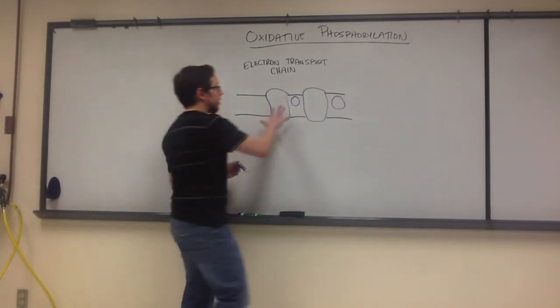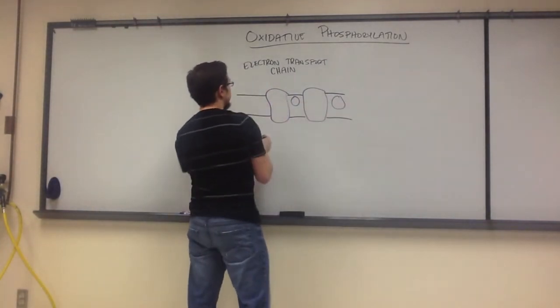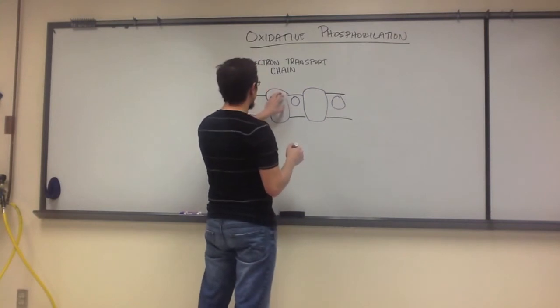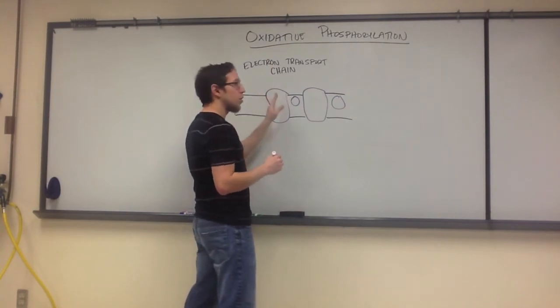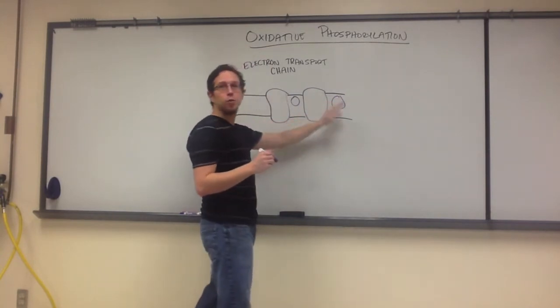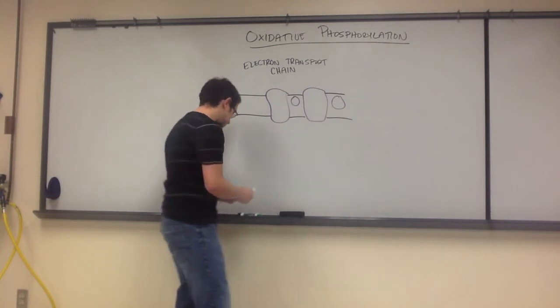And what you need to know about the way this chain flows is that the protein complexes and the members of those complexes that exist at the beginning of the chain have a lower electronegativity than those towards the end of the chain. Okay?